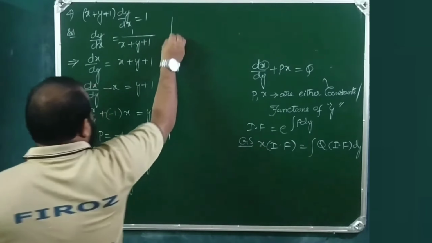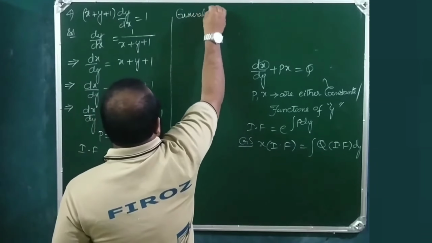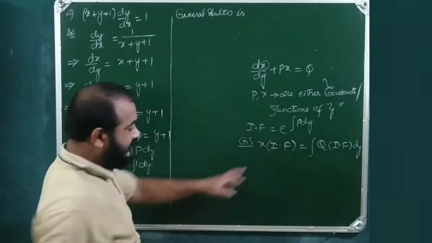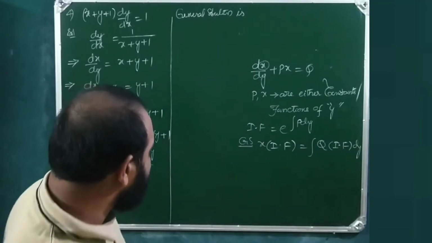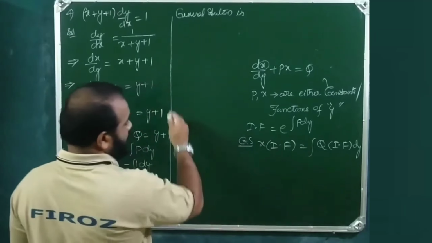Now the general solution is x into integrating factor equals integral q into integrating factor into dy.